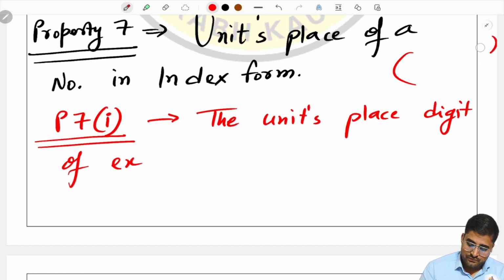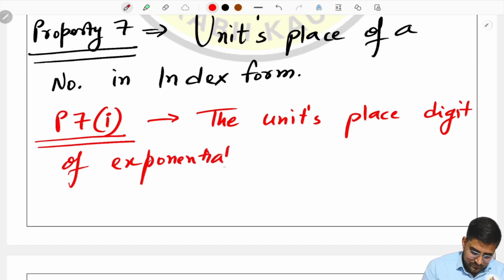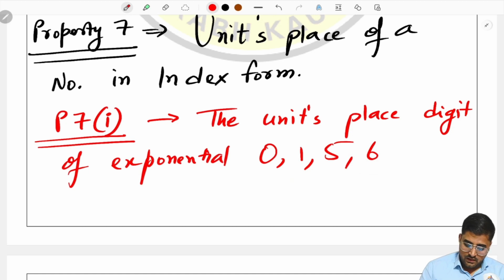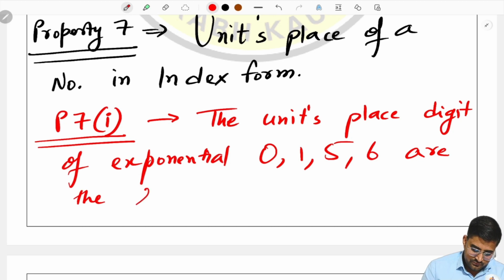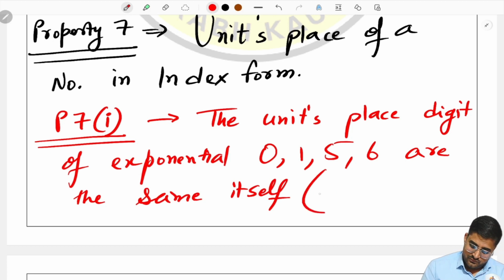For your information only, first start from 0, 1, 2, 3, 4, 5, 6 are the same as itself, that is 0, 1, 5, 6 respectively.